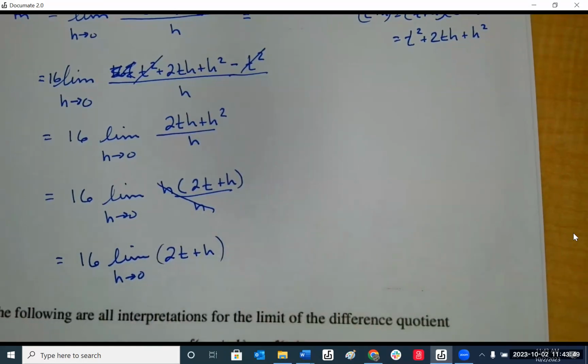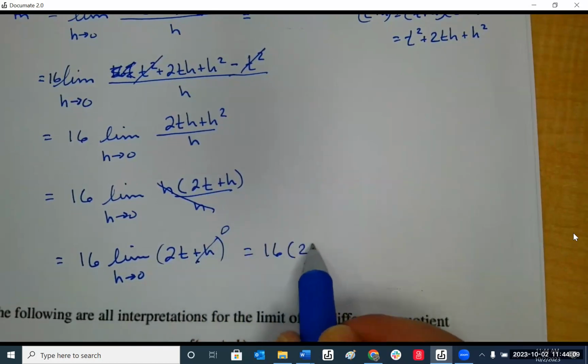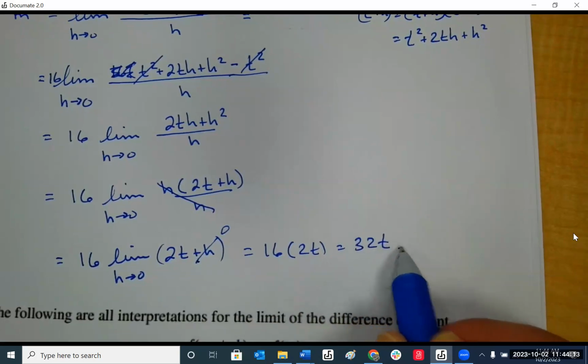Then what? We still have a limit here. How do we get rid of the limit? Yeah, take h going to zero. That gives us 16 times 2t, which is 32t.